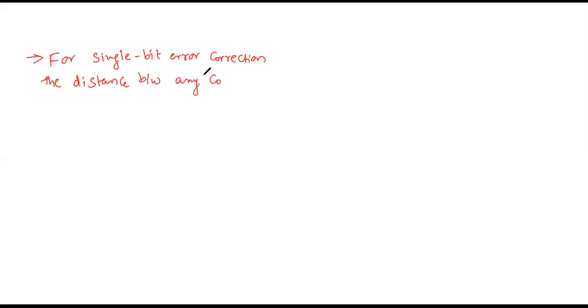Similarly, for single bit error correction, the distance between any two code words in the source should be 3.